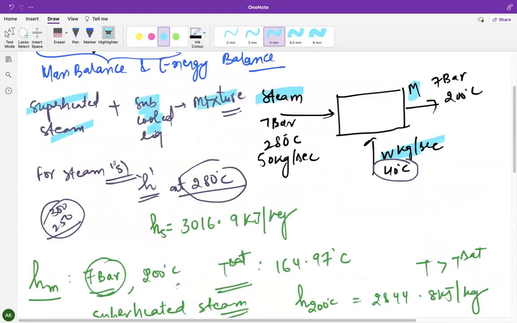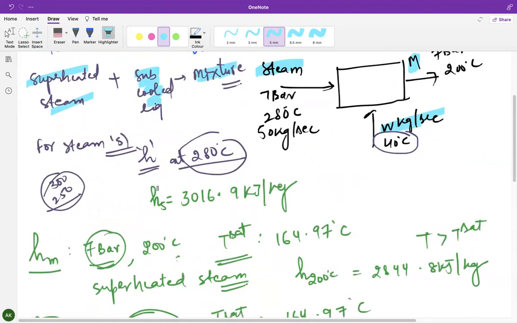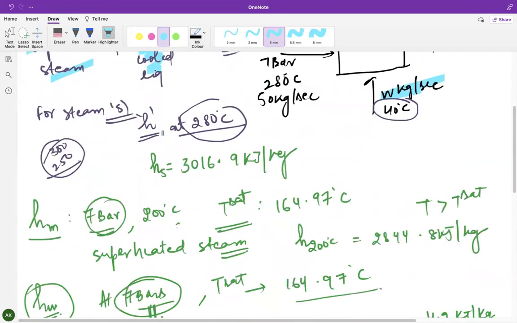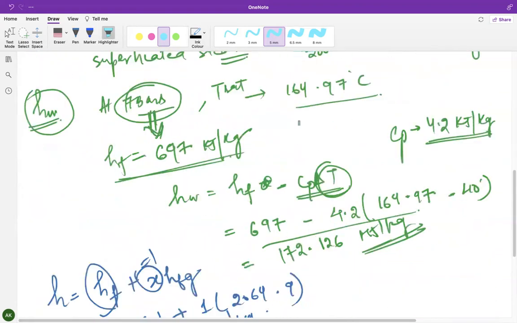Now we are calculating the values of enthalpies, because the flow rate we will be finding out from your energy balance equation. The values of enthalpy for steam at 280 degrees Celsius, for the mixture at 7 bars and 200 degrees Celsius, the value of enthalpy is so much. And for the liquid water, the value of enthalpy is this.